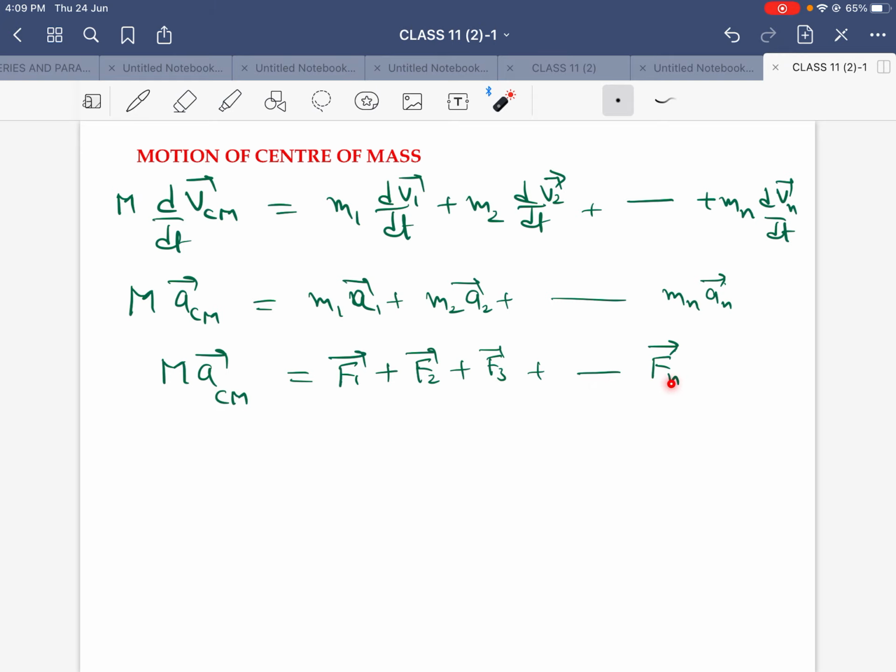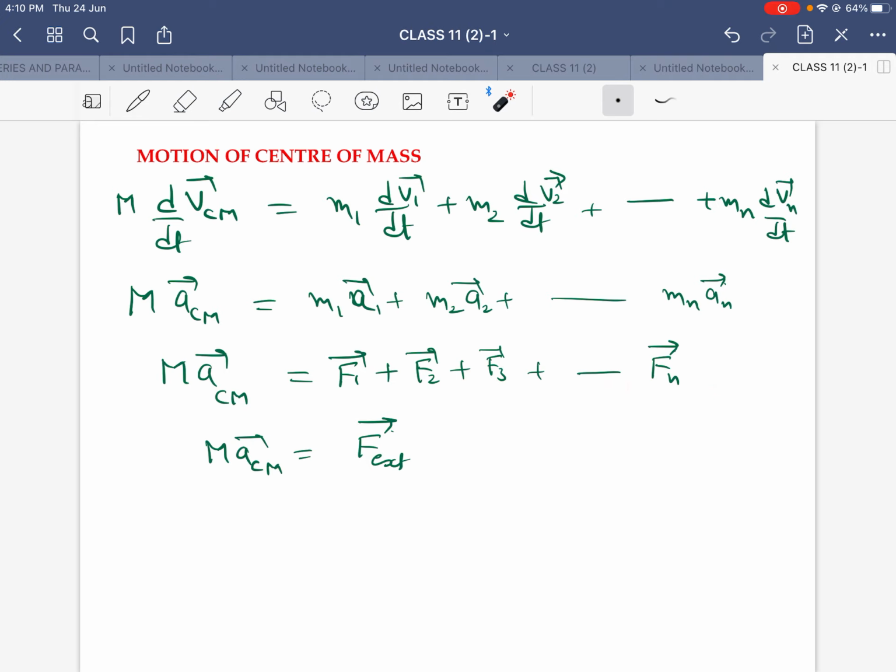So this force will represent only the external force. So we can write it as M into acceleration of center of mass is equal to F external. This F external is the sum of all the external forces acting on the particles of the system.